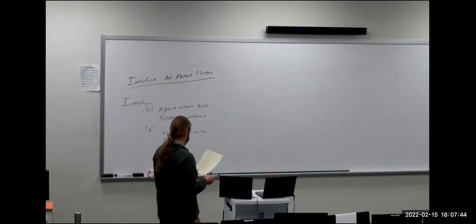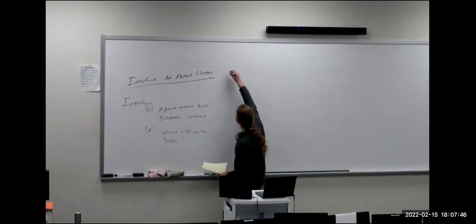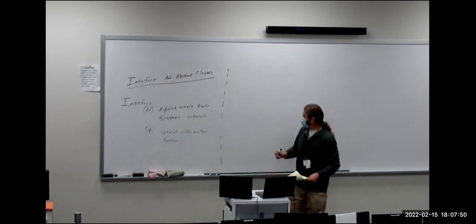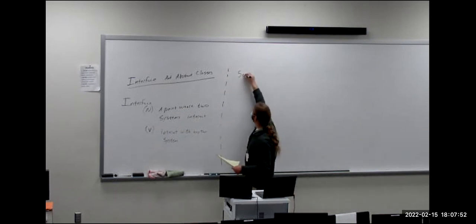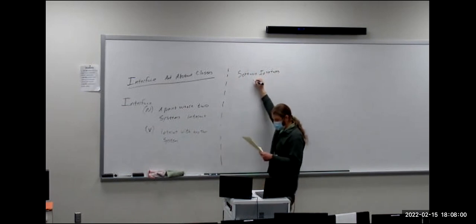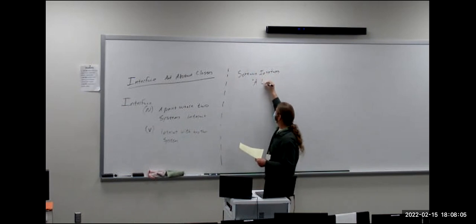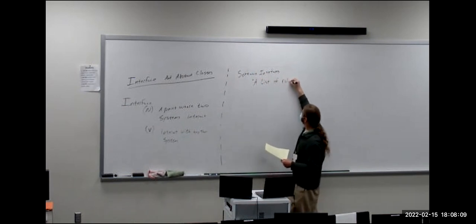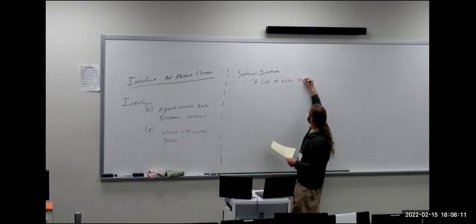And whenever we use these in software, it kind of applies to the physical ones there as well. So software interfaces are usually introduced with the words a list of rules software must follow.